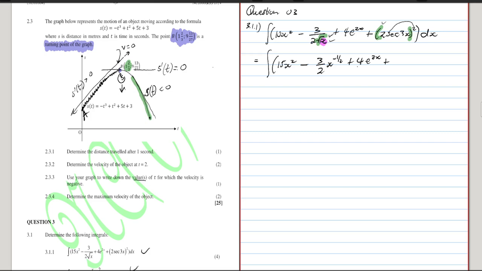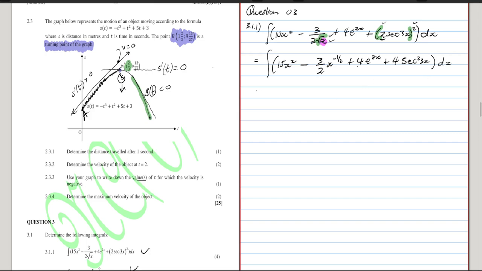This 2 affects that 2, and this 2 then affects the sec as well. So the 2 is going to be squared. We get a 4. The sec 3x is going to be squared as well. So we get 4 sec squared 3x, close bracket, dx.